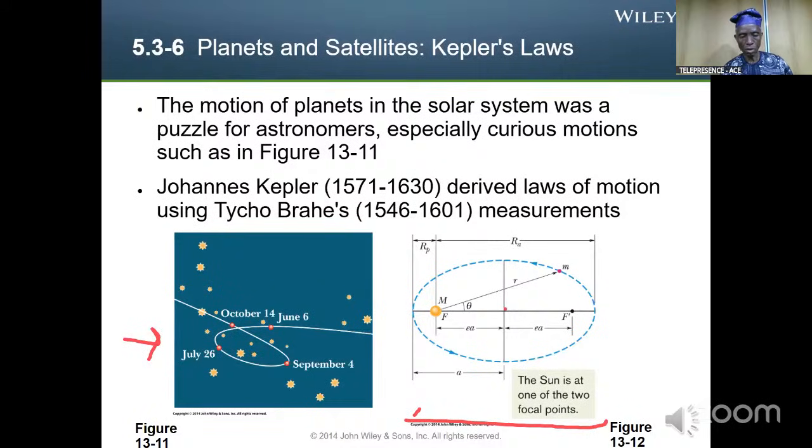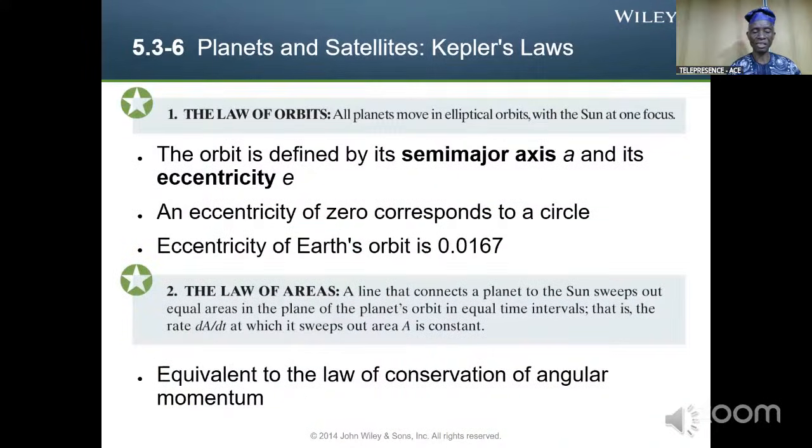So that's actually the first law that Kepler came up with. All planets move in elliptical orbit with the sun at one focus. Of course, we are talking of the planets in the solar system. So the sun is the major body that they are moving around. So that's for the planet. So the law of orbit.